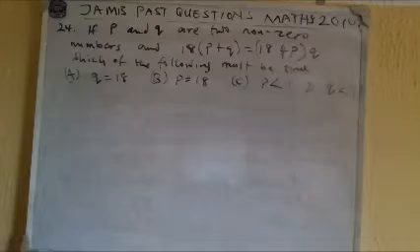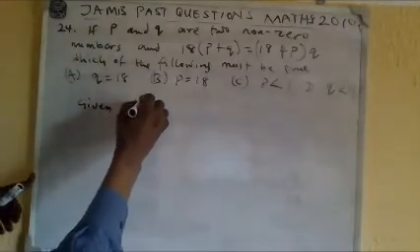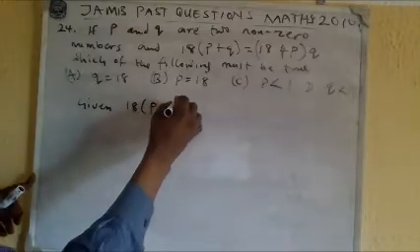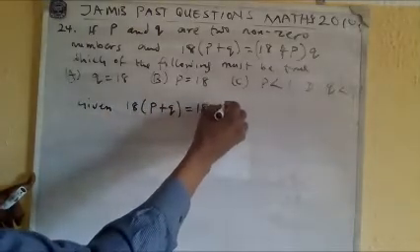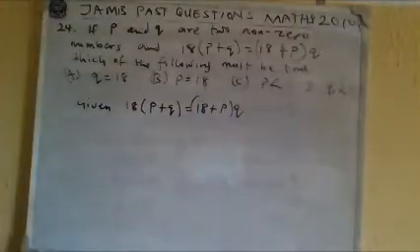Now, we are given an equation. So given this equation, let me put it on the board. Given that 18 open bracket P plus Q is equal to 18 plus P, then all close bracket, then Q. So we're going to expand first of all.